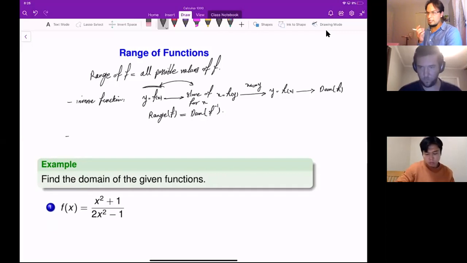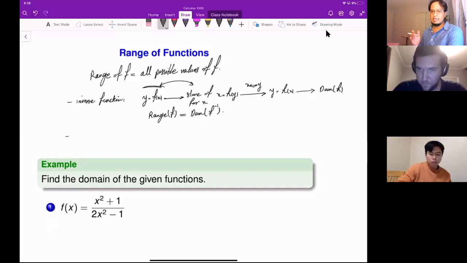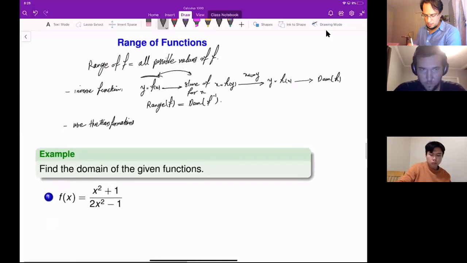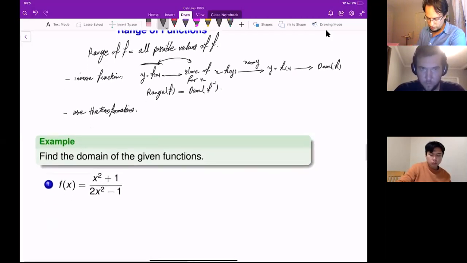So that means this method has some issues, but in some cases, as you will see, it will work. Another one is to use the transformation. Well, we will do an example also for that to show you how this works. Okay.